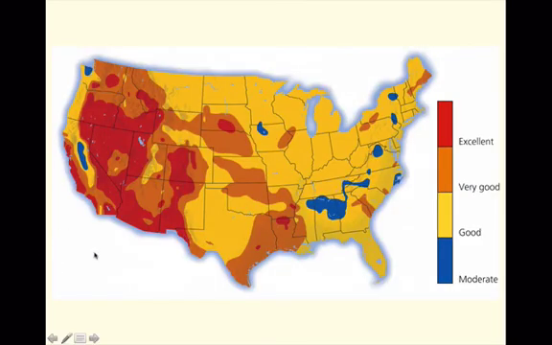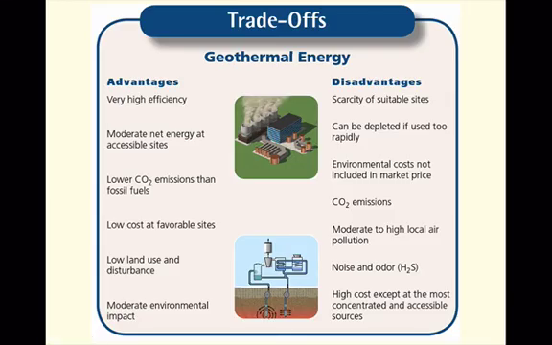And then this just focuses in on geothermal potential within the United States. So the southwestern United States has pretty excellent potential for it. But as you can see, there are disadvantages to it. You're going to release carbon dioxide when you harness this energy.